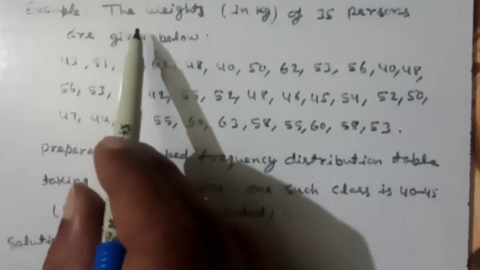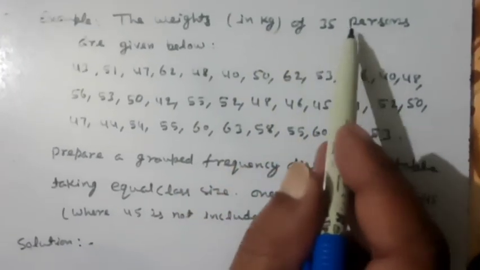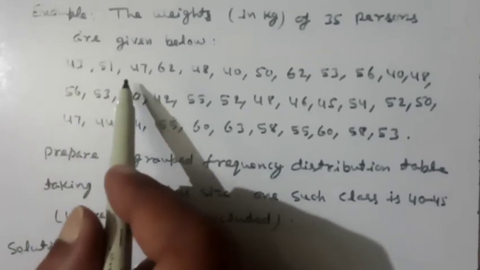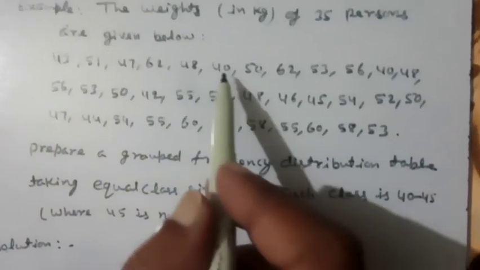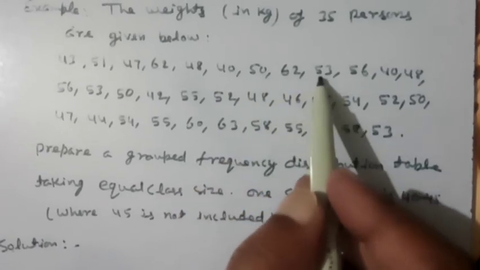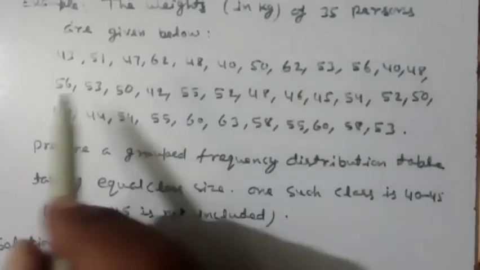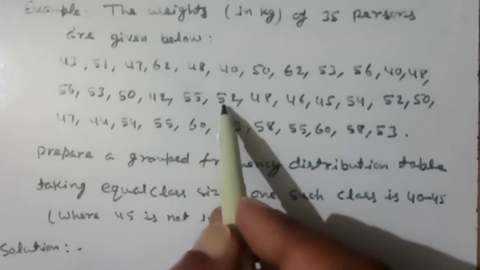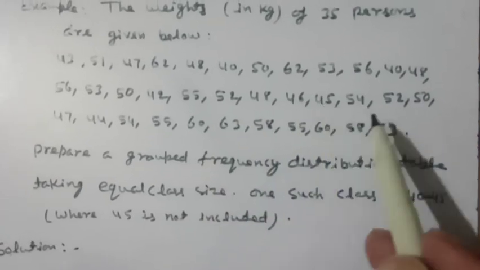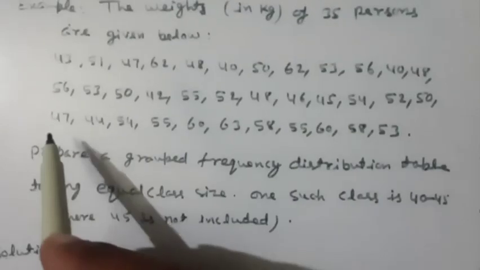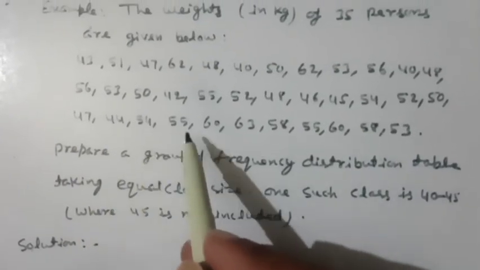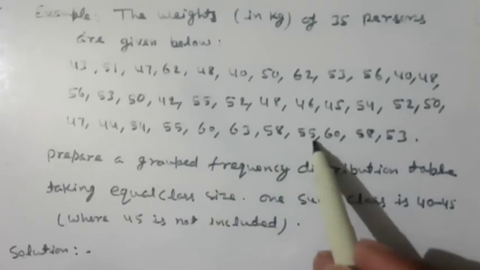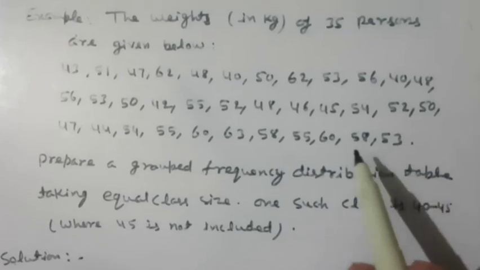The example is: the weight in kg of 35 persons are given below: 43, 51, 47, 62, 48, 40, 50, 62, 53, 56, 40, 48, 56, 53, 50, 42, 55, 52, 48, 46, 45, 54, 52, 50, 47, 44, 54, 55, 60, 63, 58, 55, 60, 58, 53.